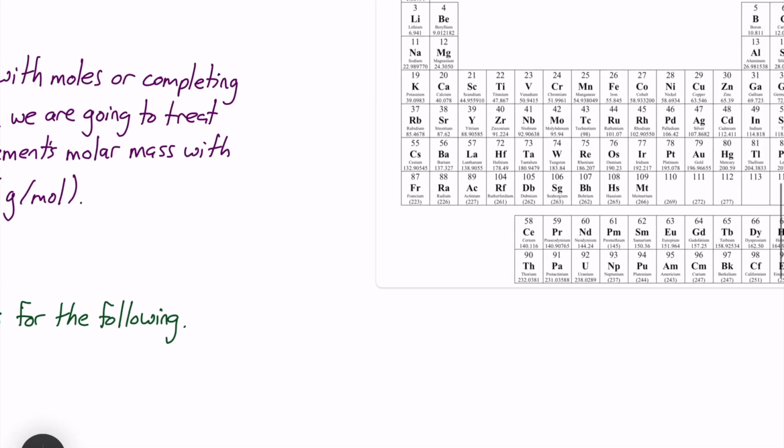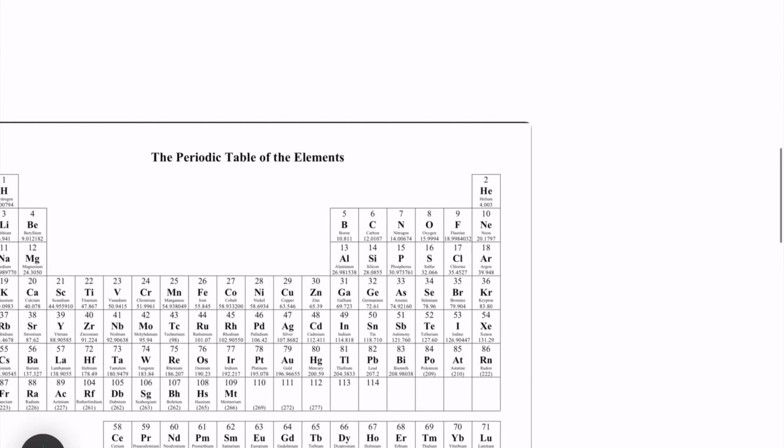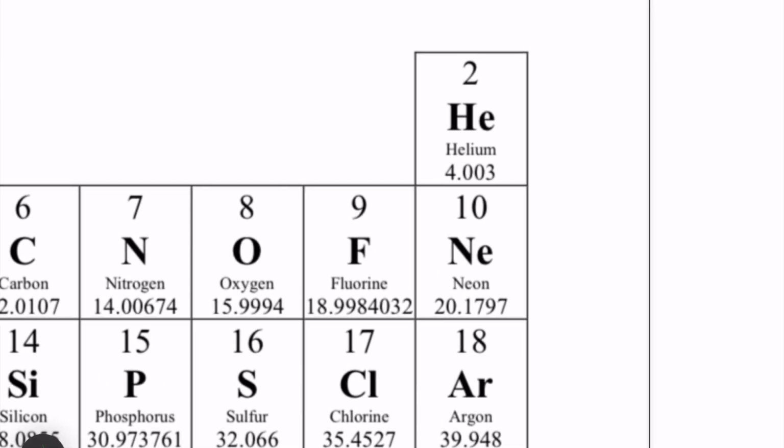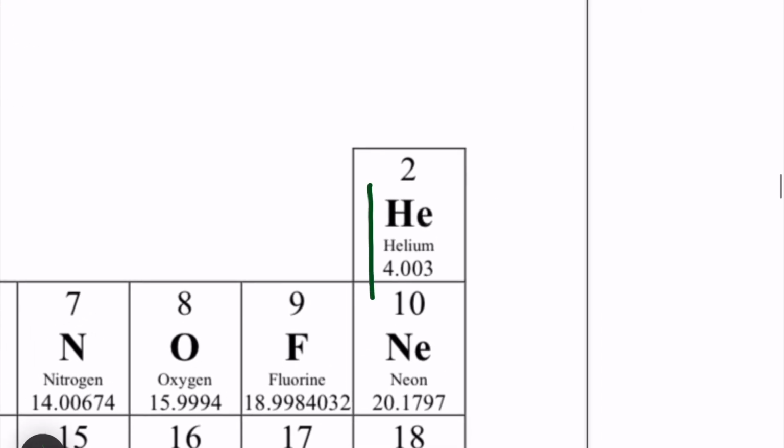So let's take a look at our periodic table here, and we're going to find helium. What we see is that helium has an atomic mass of 4.00. So that means for every mole of helium, there is 4.00 grams of it.